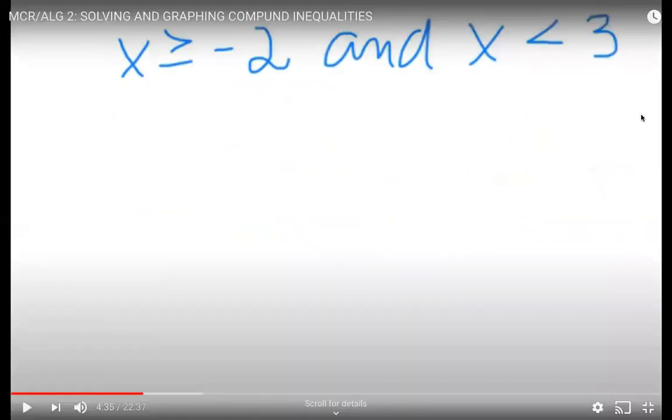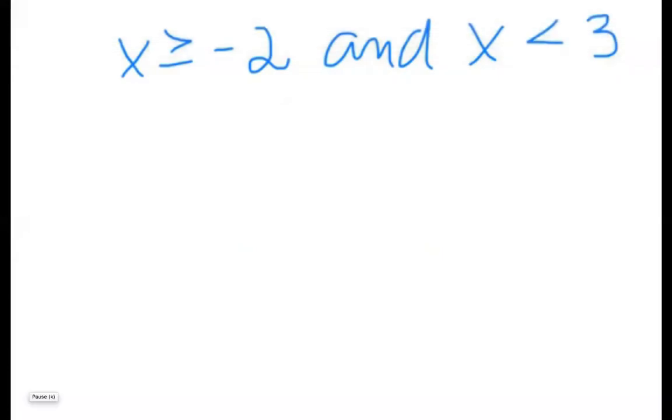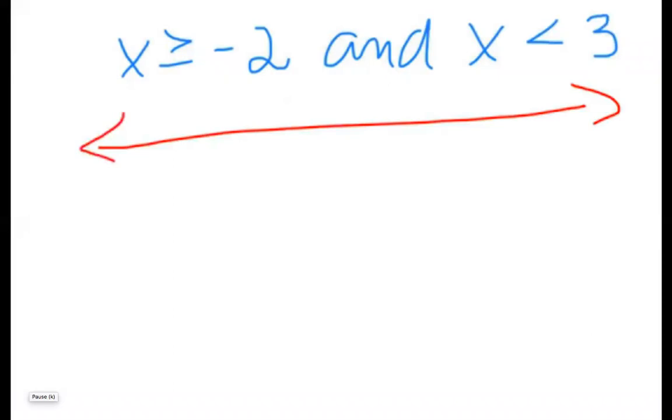When we're talking about what this has to do with inequalities, if we had to graph x is greater than or equal to -2 and x is less than 3, they're looking for the solution set. So again, this is asking us simply, what numbers are both greater than or equal to -2 and less than 3?